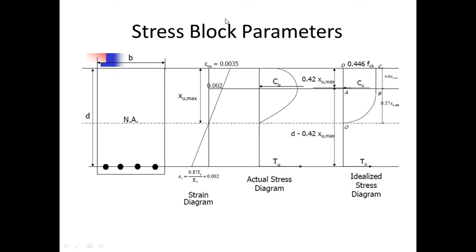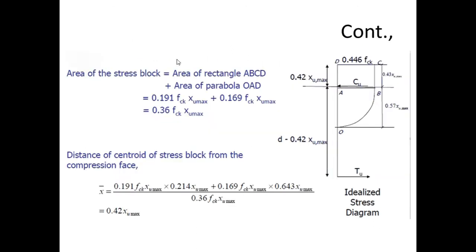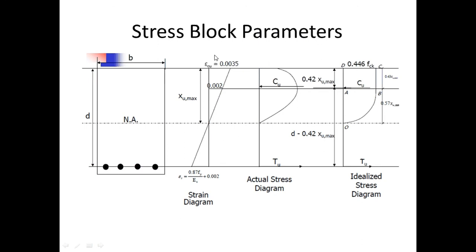First we will see how the strain diagram looks. As per the assumption, the extreme fiber of the concrete is going to have a strain of 0.0035, where we are allowing a maximum of 0.002 strain, whereas the strain at the steel is 0.87 fy by Es plus 0.002, which is the allowable strain.